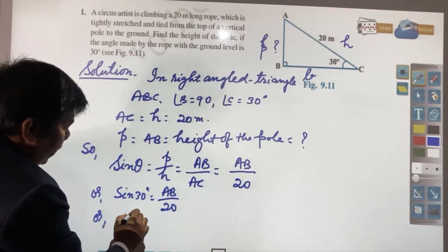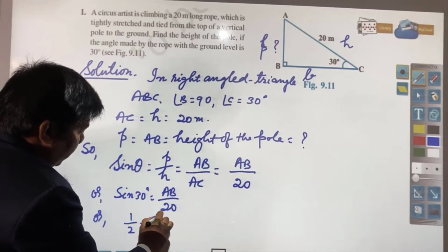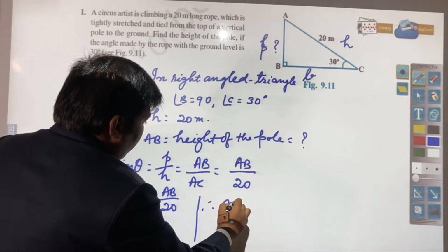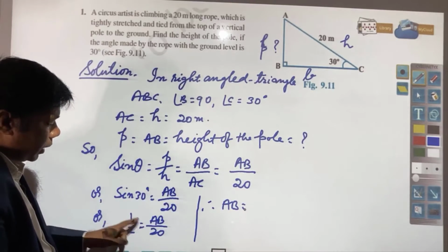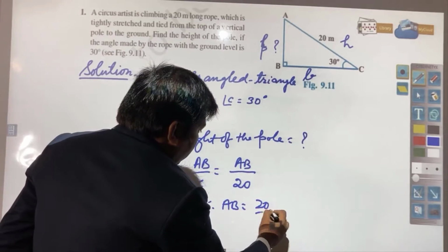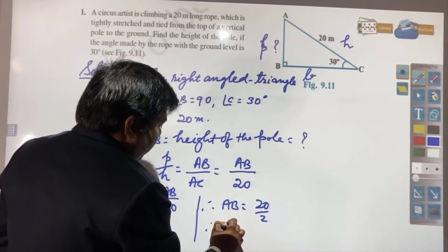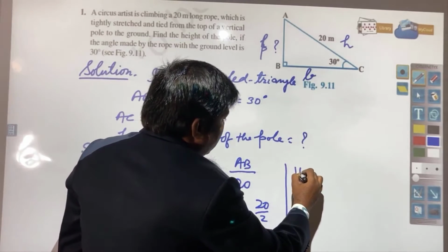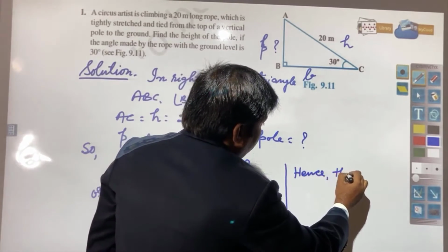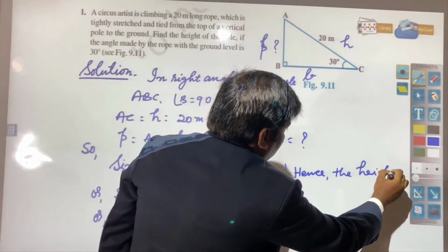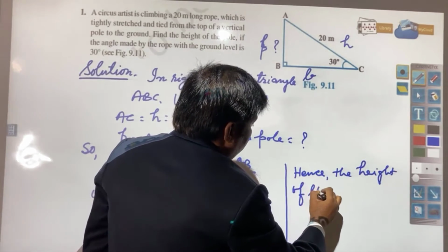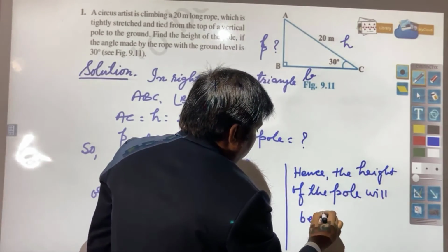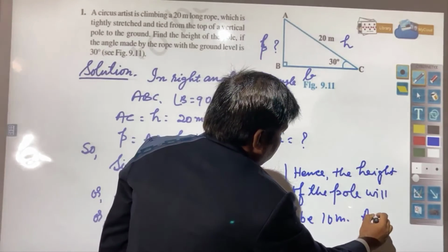So 1 by 2 is equal to AB by 20, and therefore, doing cross multiplication, AB will be 20 by 2, that is 10 meter. Hence the height of the pole will be 10 meter, and this is your answer.